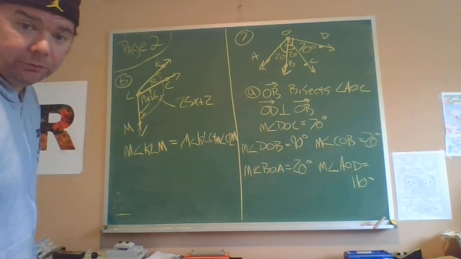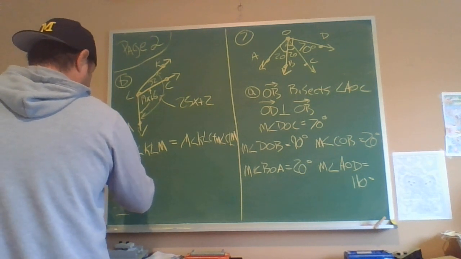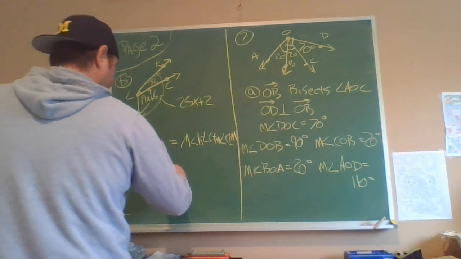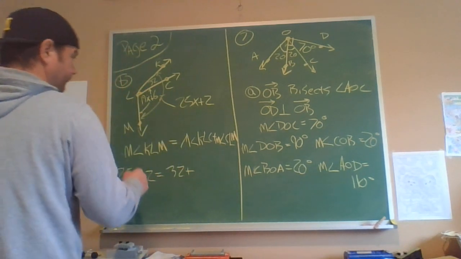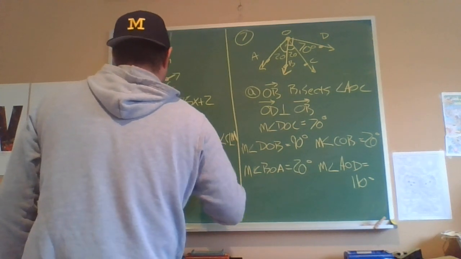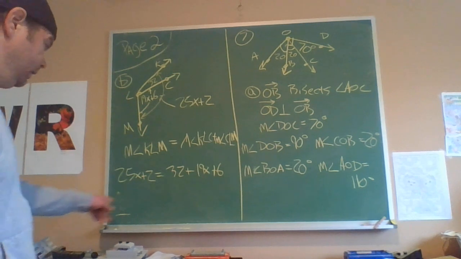And I've got expressions for each of those. KLM is 25x plus 2. KLC is 32. And CLM is 19x plus 6, right?